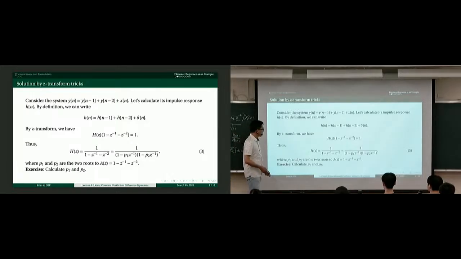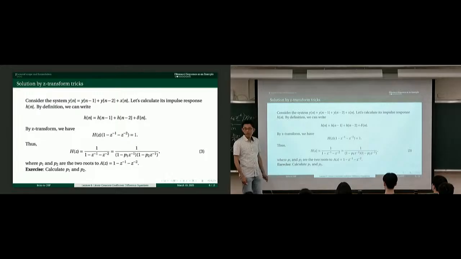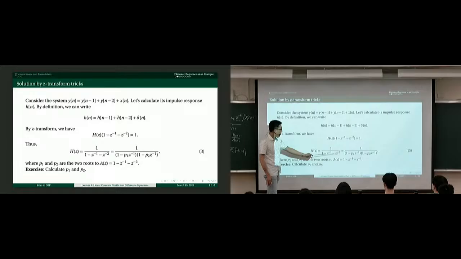Okay, but then next step, I suggest let's do a factorization. Let's factorize A of z. A of z is a quadratic polynomial, right? So it has an order of 2, so we expect that it should have 2 roots. They might be the same root, which is not the case right here, but in general, if the order of A is 2, then we can further factorize this polynomial into this form.